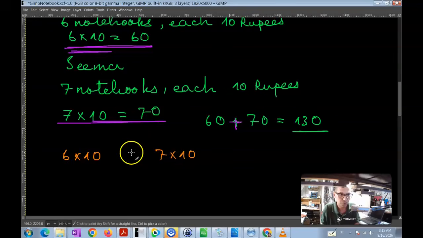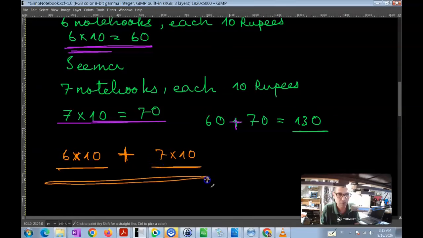And then when you put them together with the plus sign over here, keeping those rules in mind, you know that first this part will be evaluated, then this part will be evaluated, and then the whole thing will be evaluated. So 6 times 10 is equal to 60, 7 times 10 is 70, and when these two are added together you get 130, which corresponds with the total amount of money that you paid. So you have written your whole expression correctly without any problems, right?